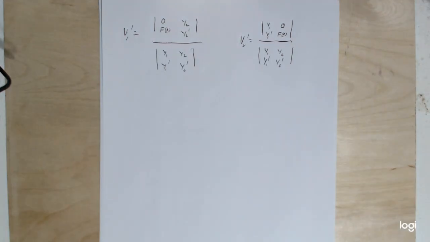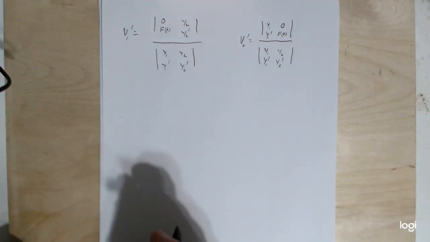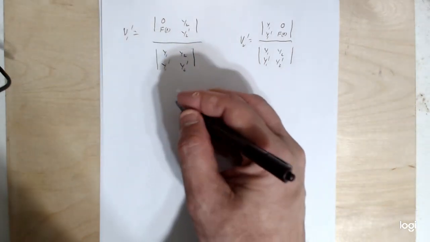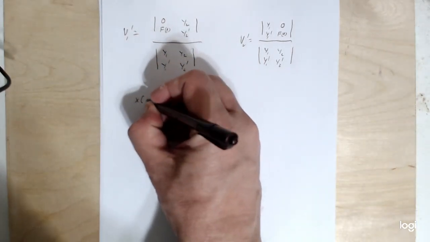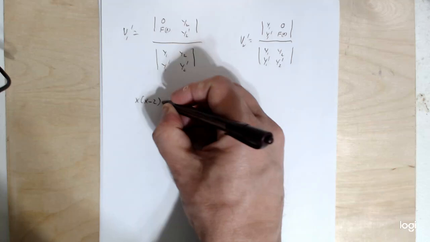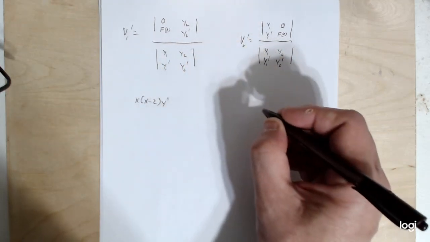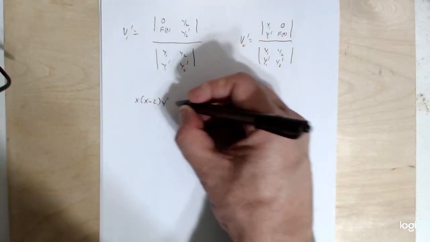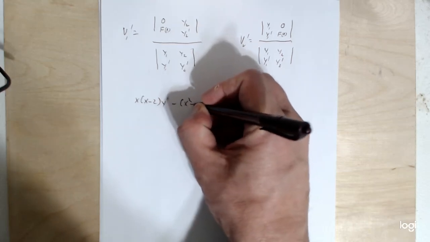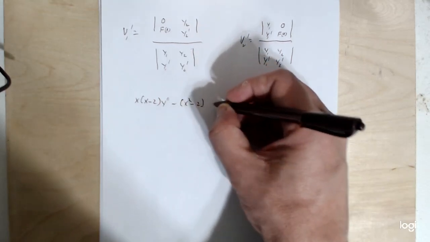Okay, the nice thing is this does work when you have variable coefficients. So let's take this equation. So we have x times x minus 2 y double prime minus x squared minus 2 y prime.